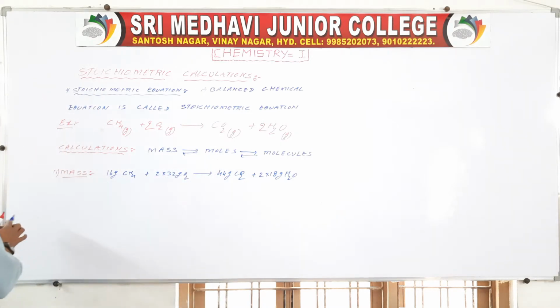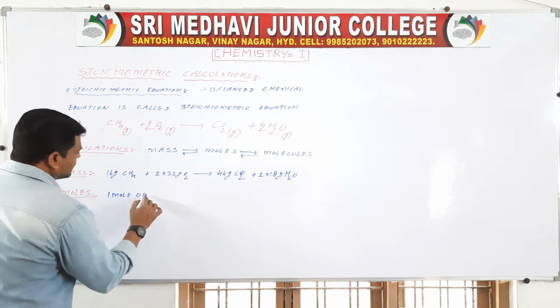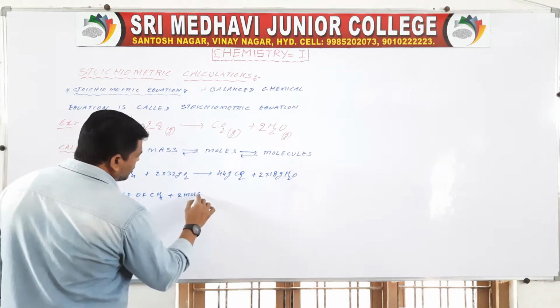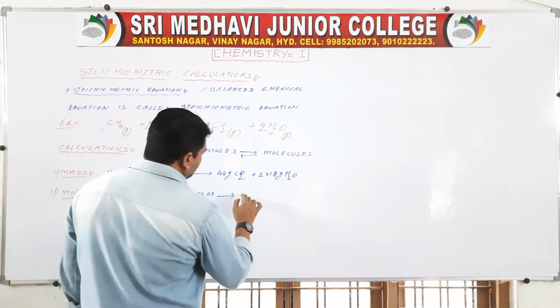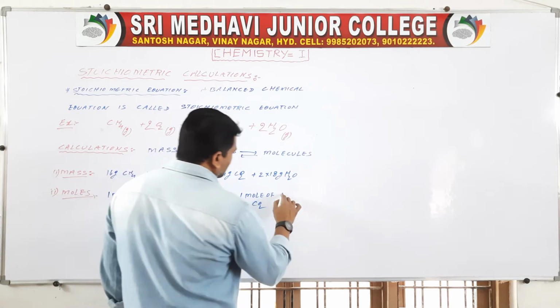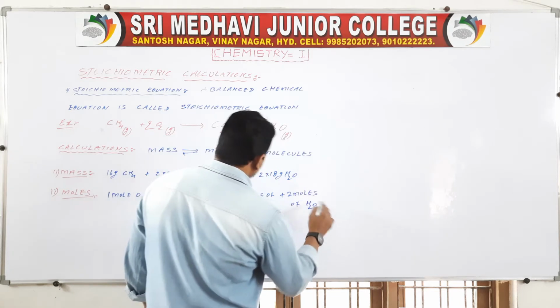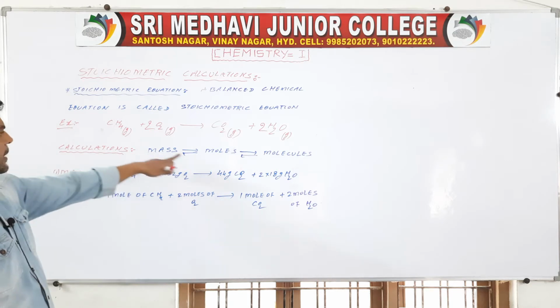Next, moles. 1 mole of CH4 plus 2 moles of O2 gives rise to 1 mole of CO2 plus 2 moles of H2O. This is the way it is taken in moles.